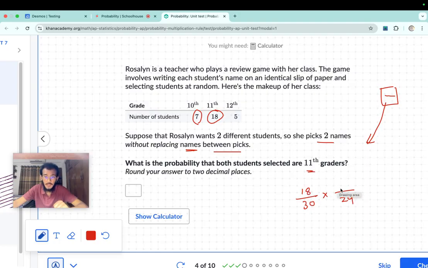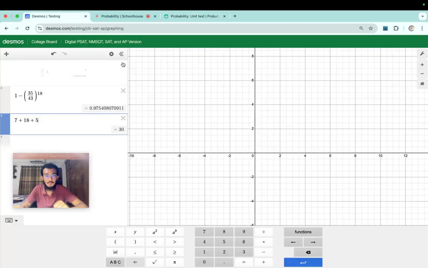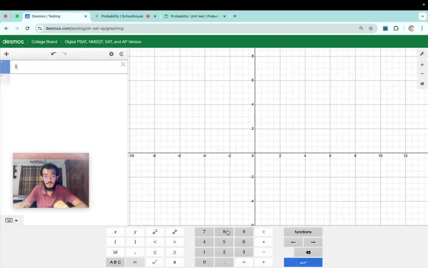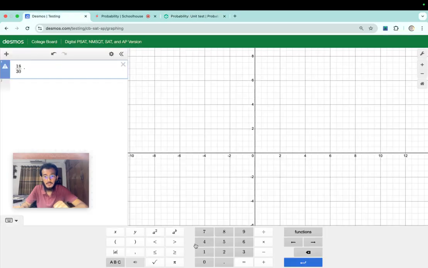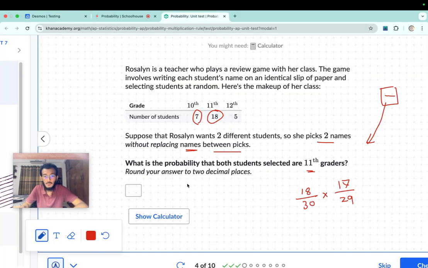So if you pick up an 11th grader first, that also gets reduced by 1. So this should be our probability: 18 by 30 multiplied by 17 upon 29. So 0.35 should be our answer, to two decimal places.